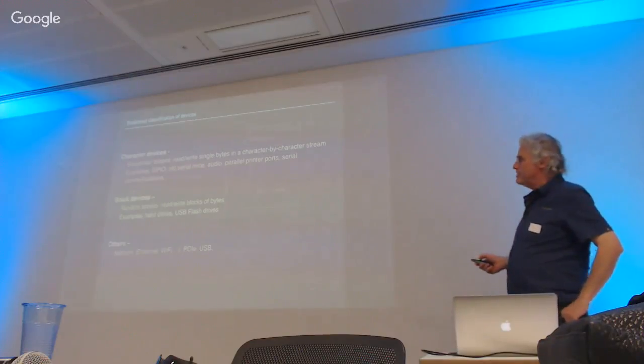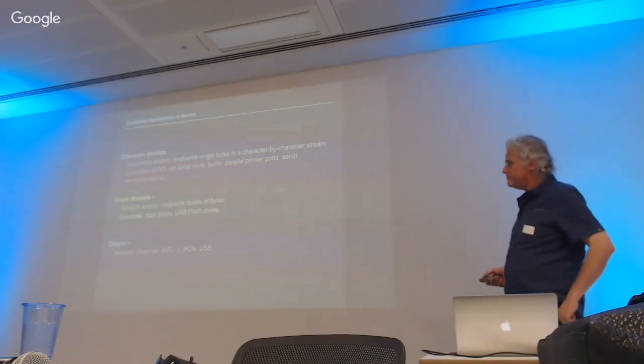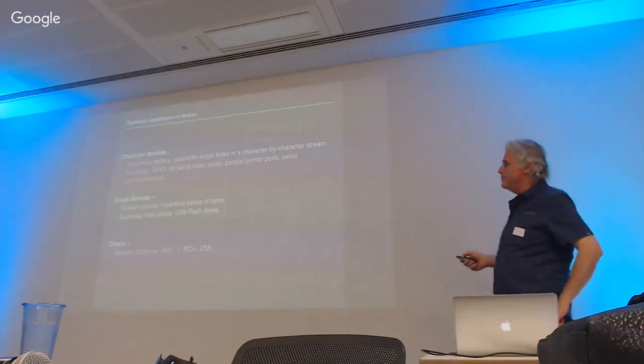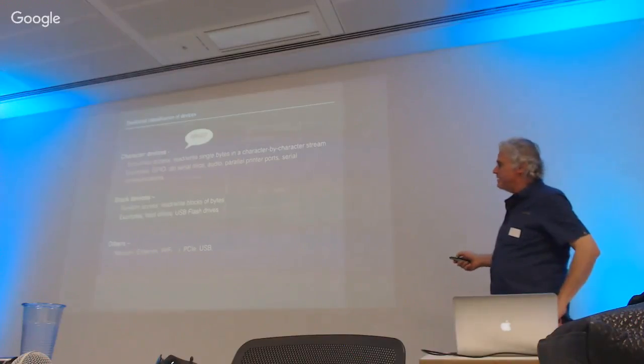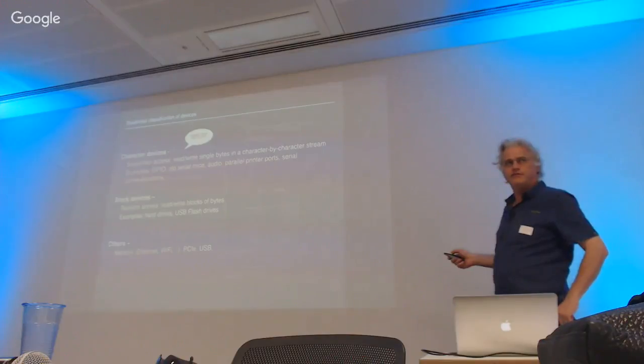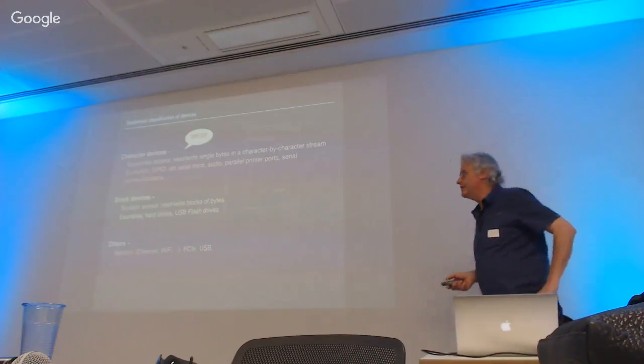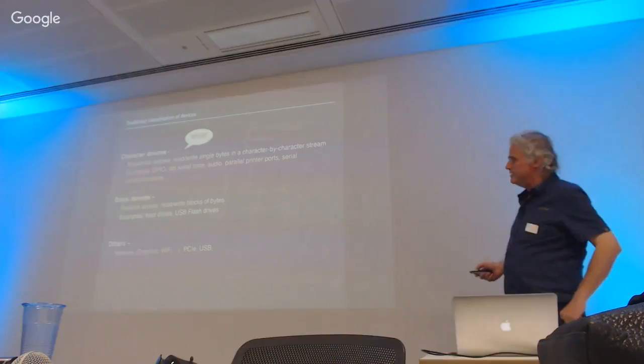Now, when you're first learning about drivers, you come across these two types here, and these character device drivers are actually the simplest ones to learn first, really. Then you get onto block devices, and then you get onto the others.